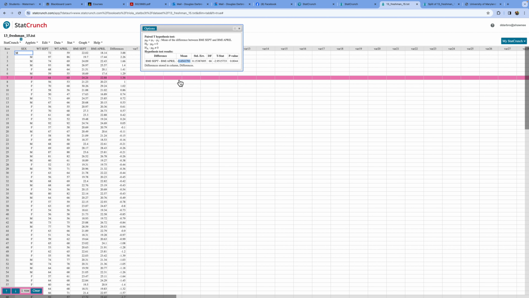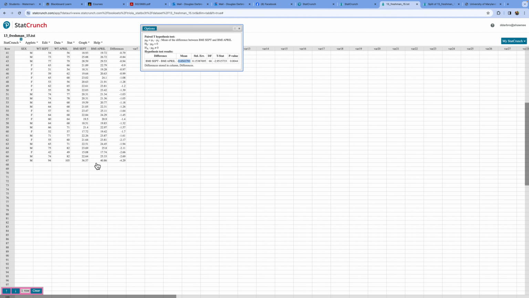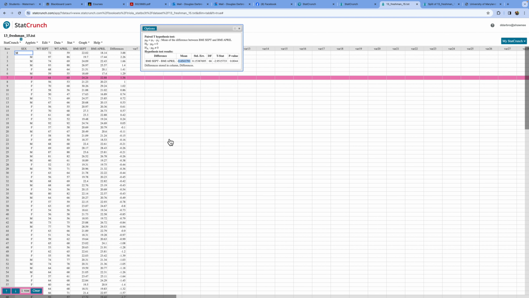I get a difference of the means. Standard error is 0.15, degrees of freedom 66. Remember, I don't think I've talked about this yet, but the degrees of freedom are always, for the dependent samples t-test, n-1. Our test statistic is negative 2.95, p-value statistically significant.